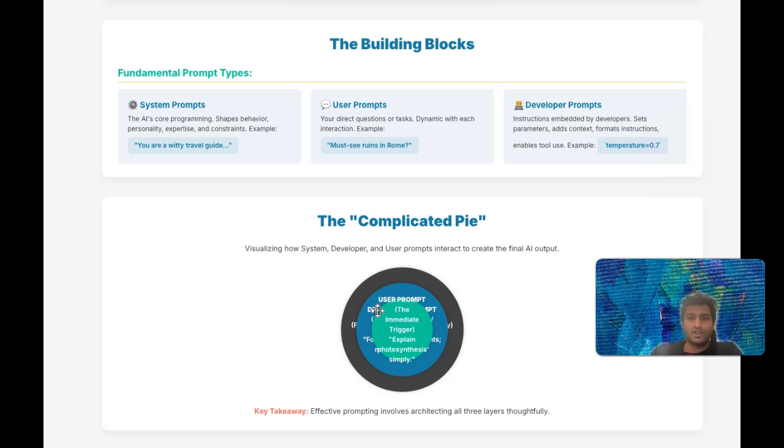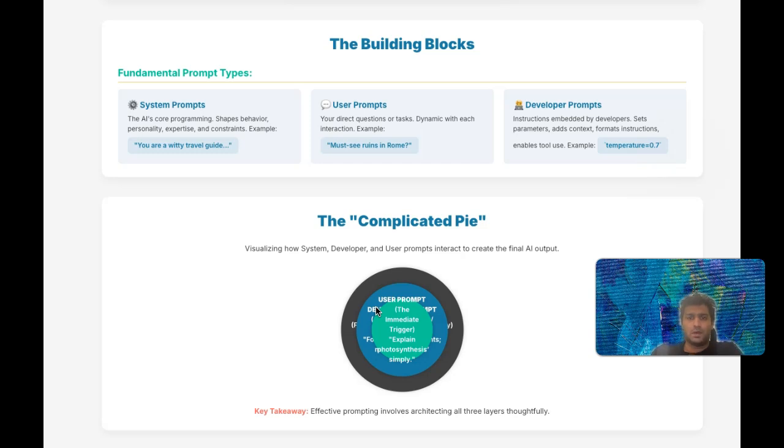This layer takes the general persona from the system prompt and fine-tunes it to a specific application. It might involve setting API parameters like temperature for creativity, or instructing the AI on how to format its output, for example JSON or specific XML tags as Anthropic suggests, or telling it to use external tools to fetch live data before answering.